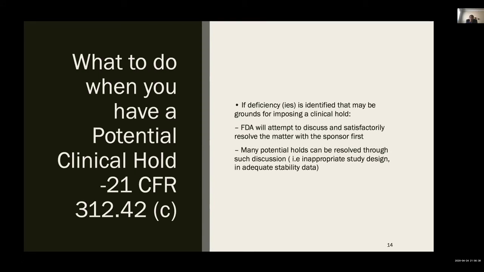And most potential holds can be resolved through such discussions, whereby, as I just mentioned, there's inadequate stability data, there's missing CFA, there's something to do with the study design that doesn't sound right. Those things can be discussed via teleconference with the FDA. We'll discuss it with the sponsor, and the sponsor can incorporate those missing pieces and provide that in the response to lift the clinical hold.